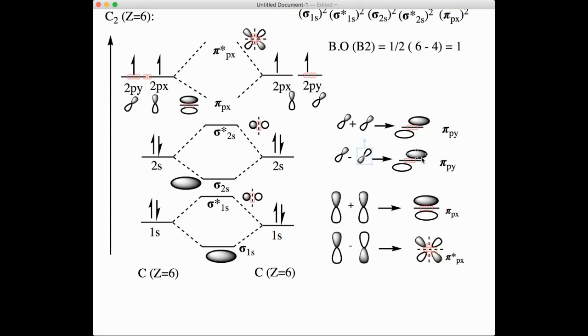That could be out of phase combination, and then this will lead to a pi antibonding molecular orbital, which is going to look more or less like this. Then we have a nodal plane here and another nodal plane over here, 90 degrees from each other. And then we have all the destructive interactions reflected here.